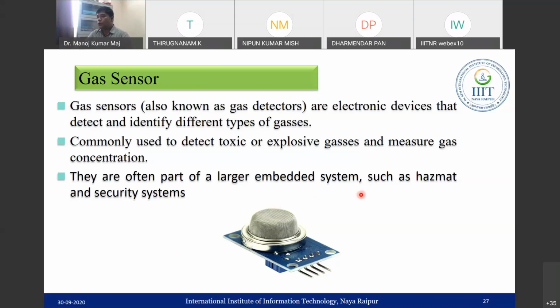Because we are using it for defense or military purposes, or in the case of the aeroplane, that can be a very large embedded system, and gas sensors can be used in security systems. So it is a very important sensor application.